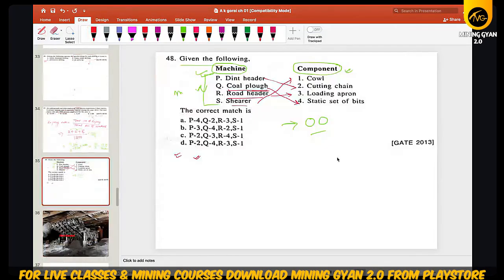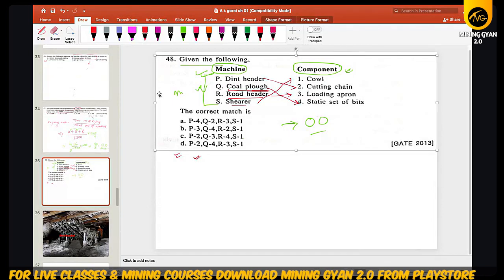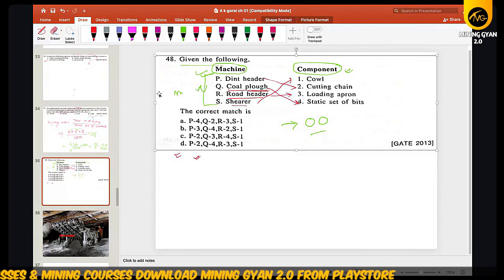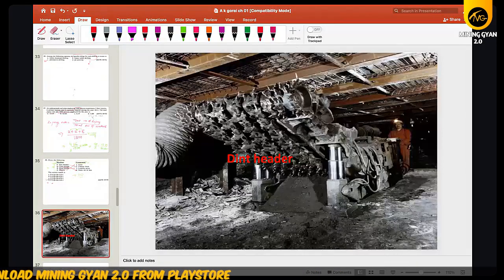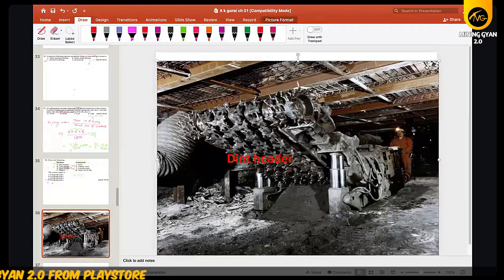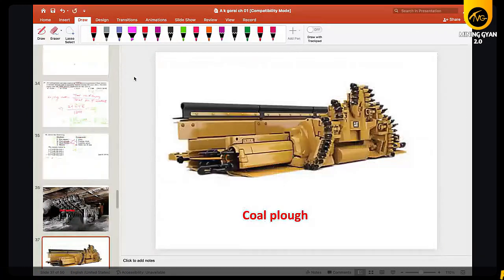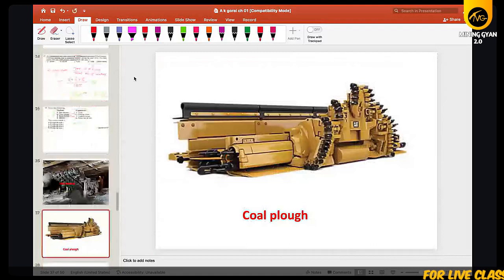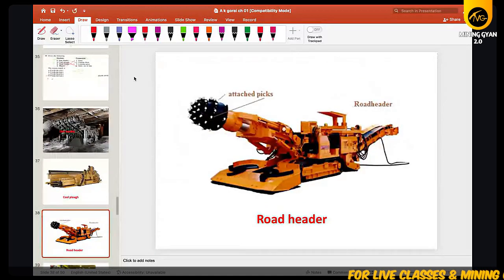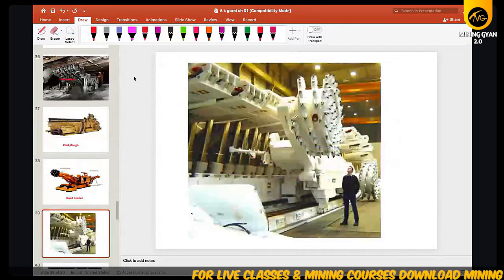So in this fourth option, come to the, this is the dinting header. Okay, and this is your coal plow, and this is your road header, and you already know about this.